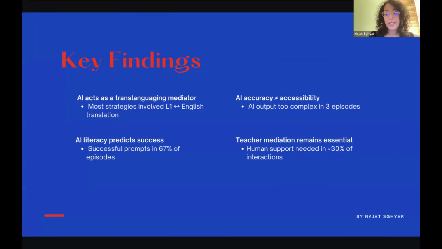AI output was very often too complex for students. And good news, we are not getting replaced by AI. Teachers are still needed because in a third of the cases, human support was still heavily required by students.